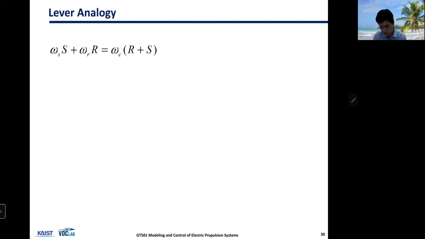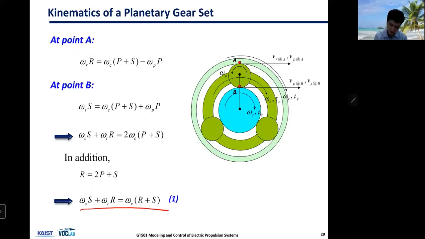If you think about it, this planetary gear set is difficult to visualize because there are three shafts rotating at different speeds, so the operating principles of the planetary gear set are not very clear.